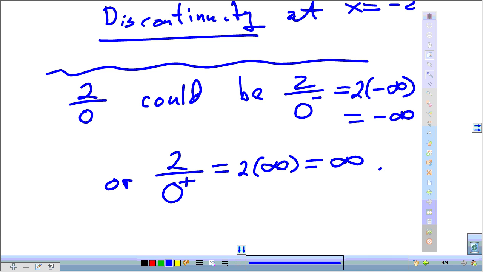So, although we don't get a number as the possible limit, we might still get a conceptual limit of infinity or minus infinity. Okay. And so this is the case of a non-constant divided by 0 in our evaluation. So we'll have to study this a little further.